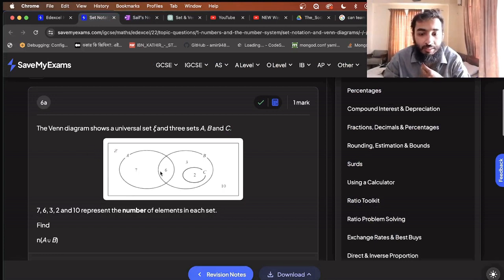7, 7, 6, 3 and 2 are the numbers of elements given in each portion of this Venn diagram.